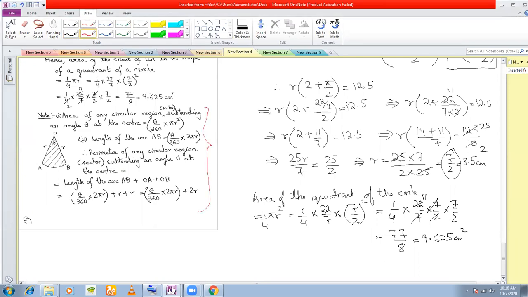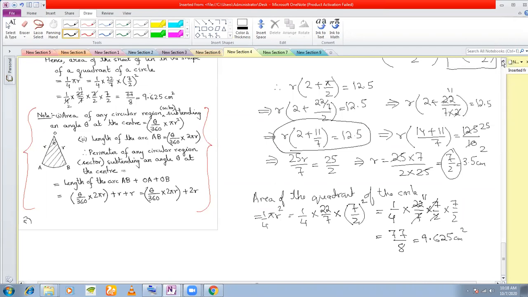No, sir. I have a note, sir. Yes, tell me. Sir, after you find the formula for the area, therefore r bracket 2 plus pi by 2, from there, sir. Okay, from here, r bracket 2 plus 11 by 7, from this step?